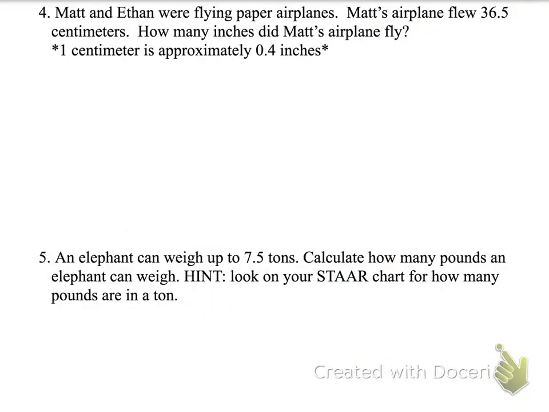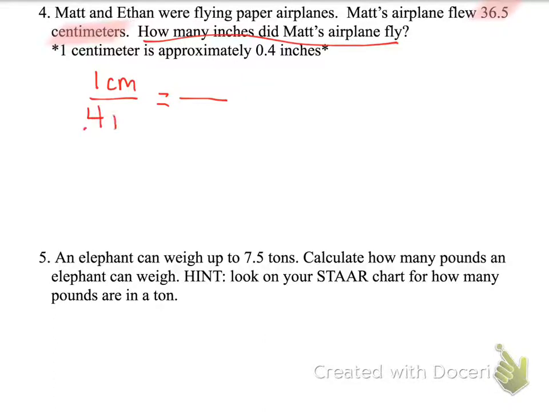Number 4, Matt and Ethan were flying paper airplanes. Matt's airplane flew 36.5 centimeters. How many inches did Matt's airplane fly? So this is a conversion, and with a conversion, we always set up a proportion. And we set up our proportion with our conversion rate first.